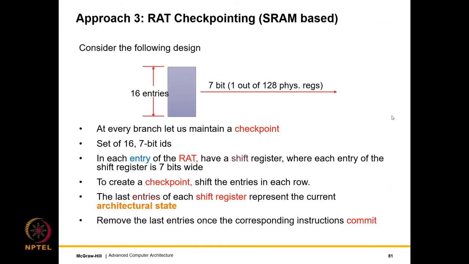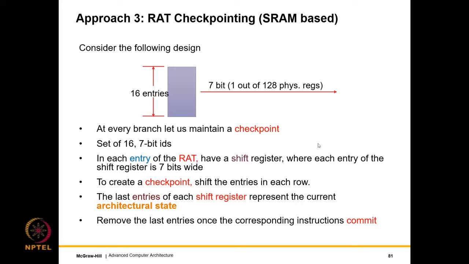Now let us look at the third design. In the third design, instead of recording something or doing some bookkeeping whenever an instruction is retiring, we explicitly consider the fact that most of the exceptions will happen when we actually encounter a branch, right?